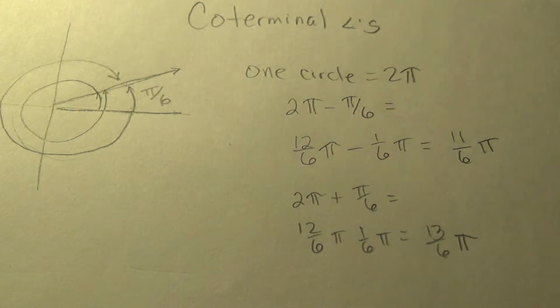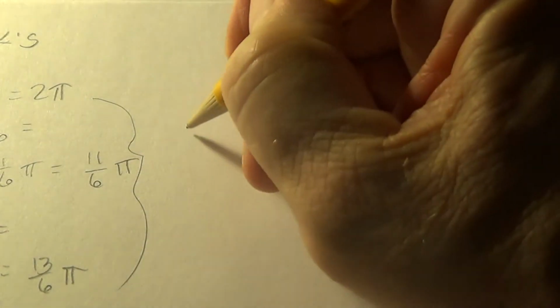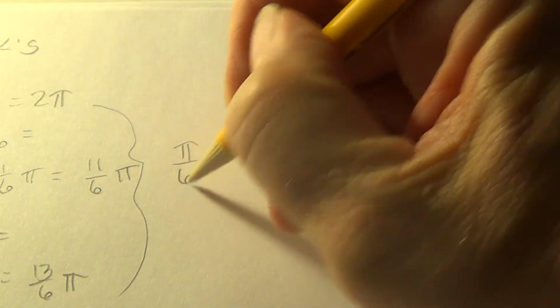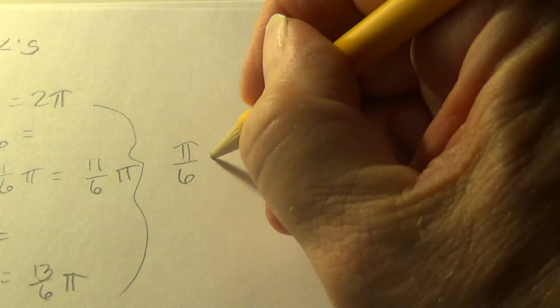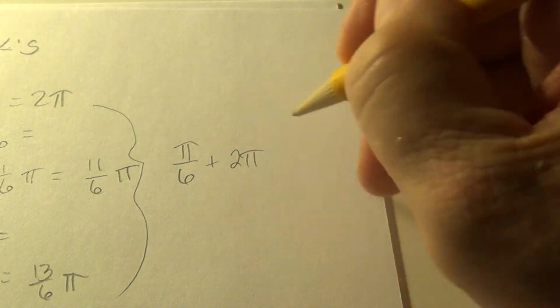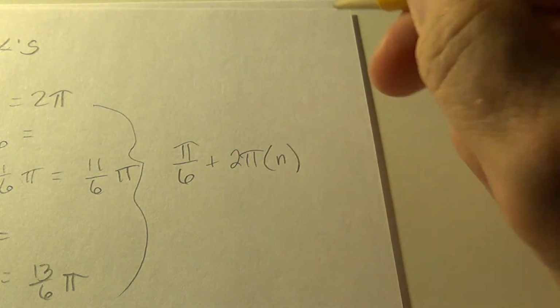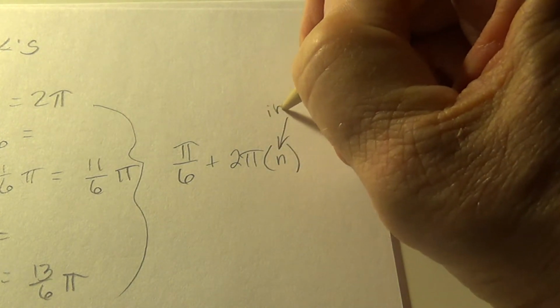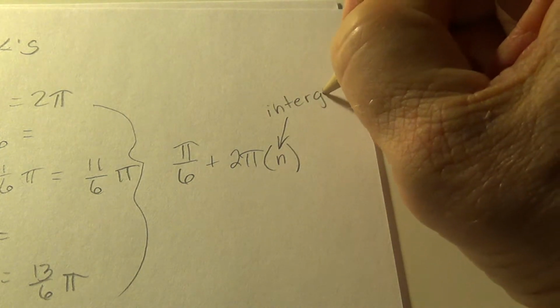So a way we can put all of these together, both in the positive and negative direction, is similar to what we saw in degrees. We can do pi over 6, so that's the problem we started with, plus 2 pi times the integer n. It's understood when we use n that we're talking about an integer.